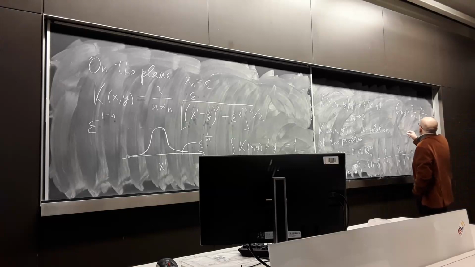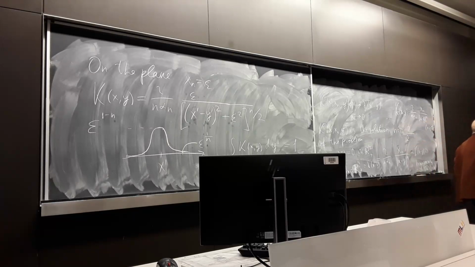For n equal 2, we have 2 divided by n alpha n, where alpha n is the volume of the ball.